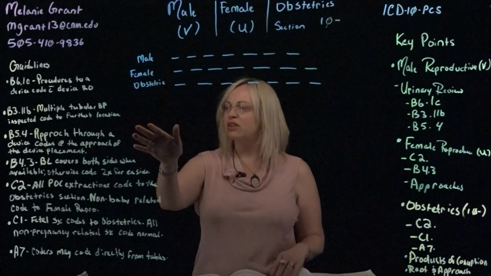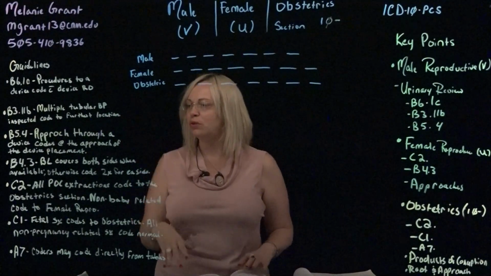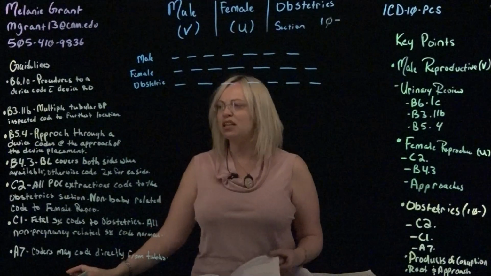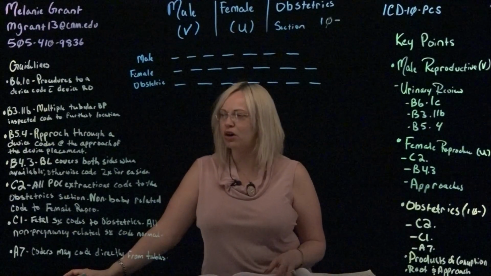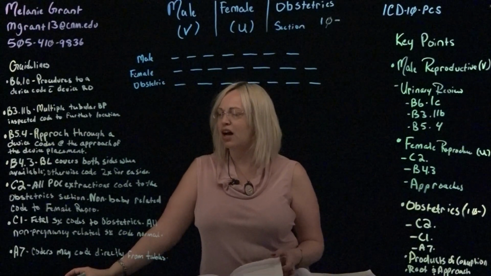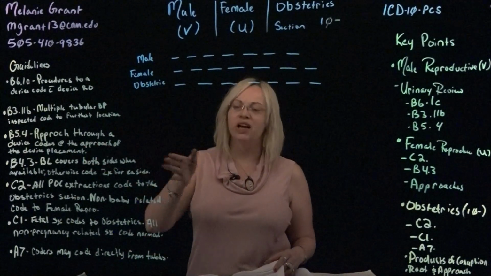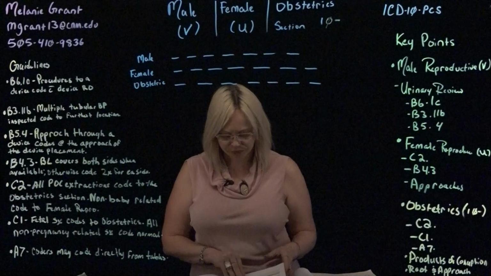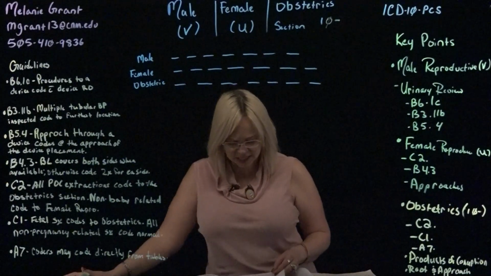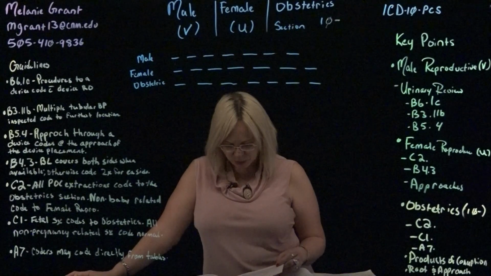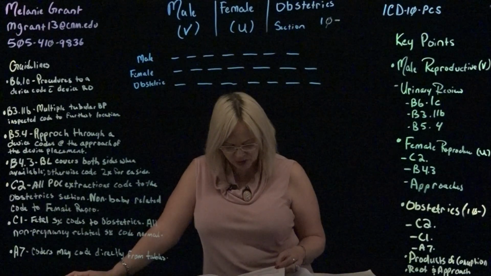Our last one here for the male and urinary review is that B5.4 basically says any approach that's done through a device code as the approach of the device placement. So if you go through a device, such as, I think they give us a percutaneous device that was placed here, the example was a percutaneous nephrostomy.